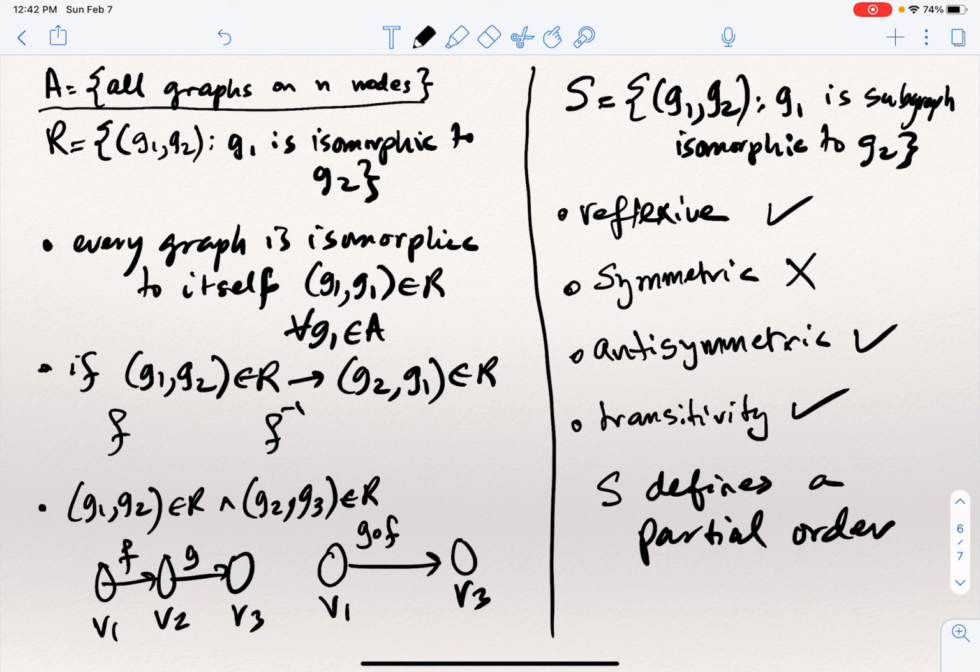Also, subgraph isomorphism allows us to partially order the set of all graphs. Which graph comes before the other? Think about subgraph isomorphism as being similar to the subset-or-equal relation, and graph isomorphism as equality between two sets.